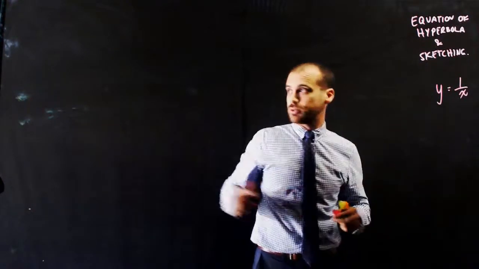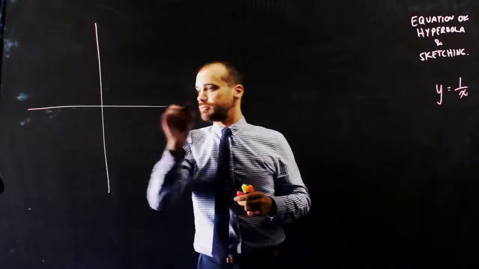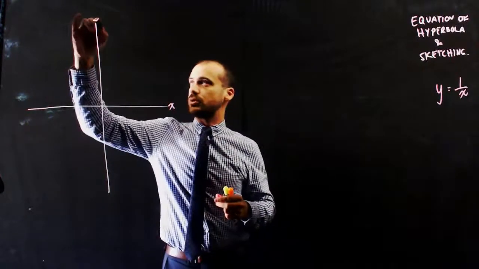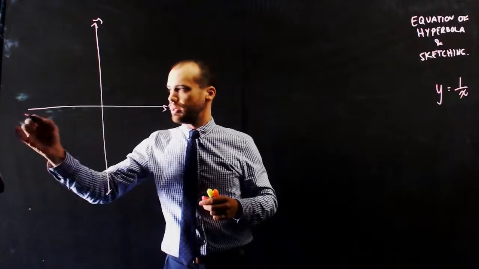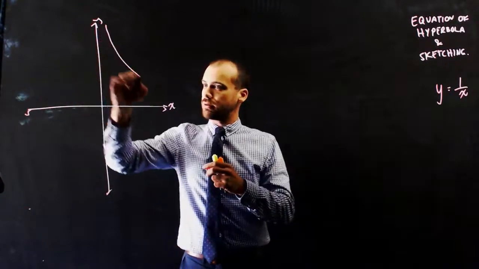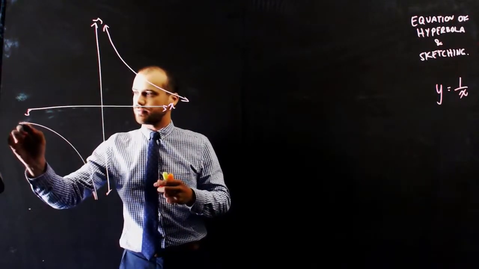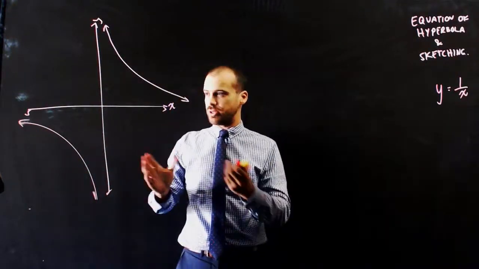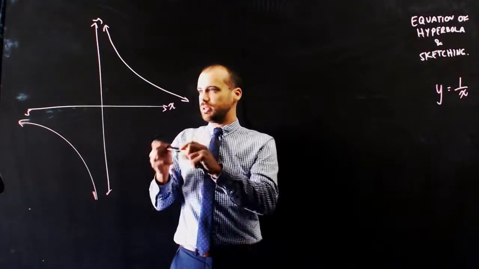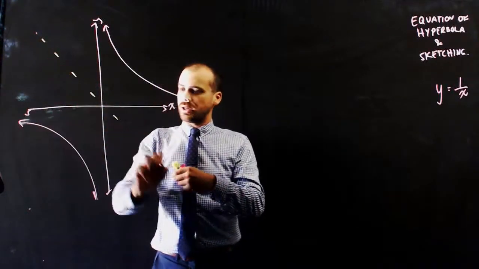Now, if I sketch y equals 1 over x, here's my Cartesian plane, x-axis, y-axis, arrows everywhere you want them, and then an equation that looks like this. Now, a few things to note. It's symmetrical around this axis.